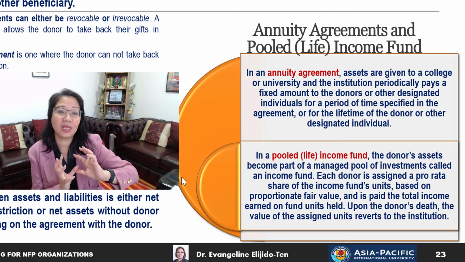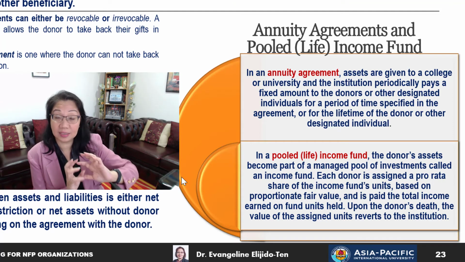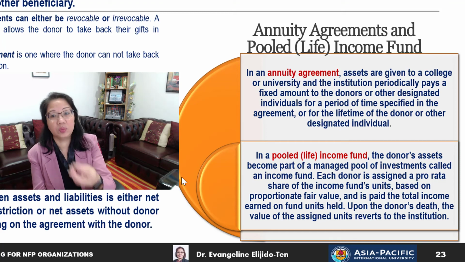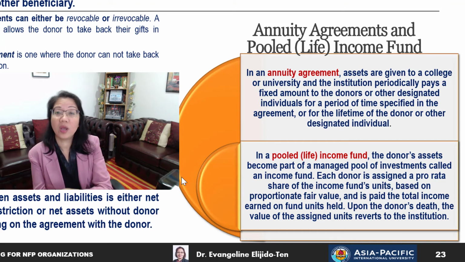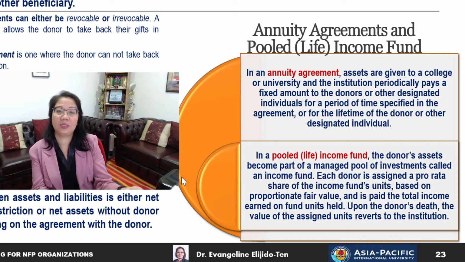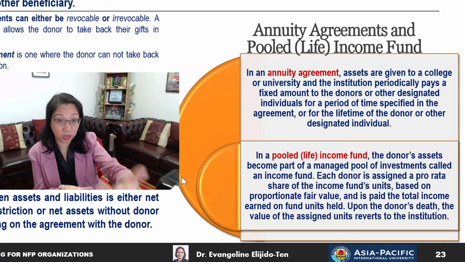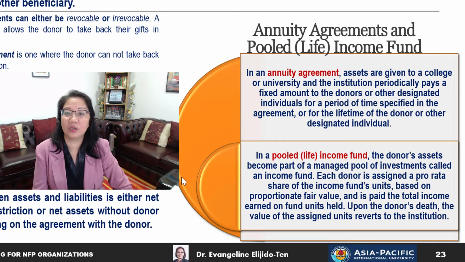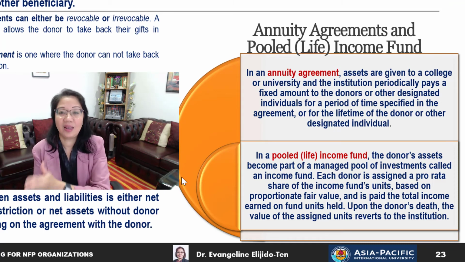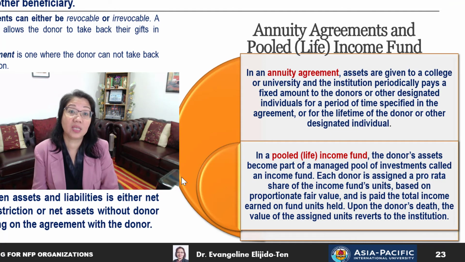So whether it is land or cash that I am donating, it is possible to have this annuity where, for example, I will be receiving, let's just say, $1,000 every month until I die. So it is for the lifetime of the donor. If I am receiving a uniform amount of cash every period, then that is what we're referring to as annuity.